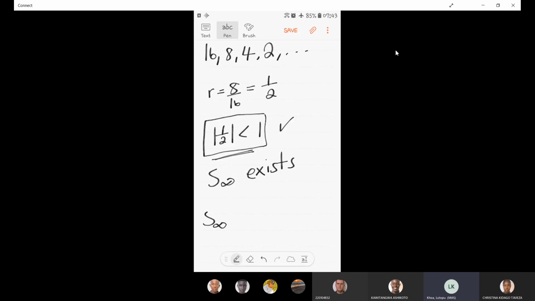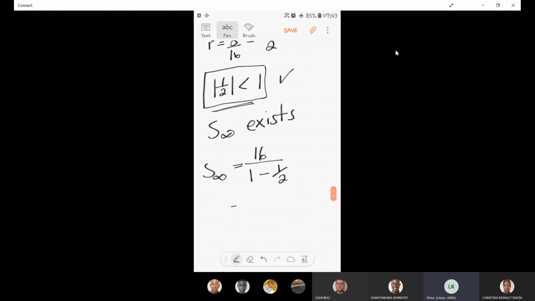Please don't write 8 there, it's not an 8. This is equal to a, your first term, that's 16. Then I divide this by 1 minus a half. So here, this is just 16 divided by a half. This is equal to 32.